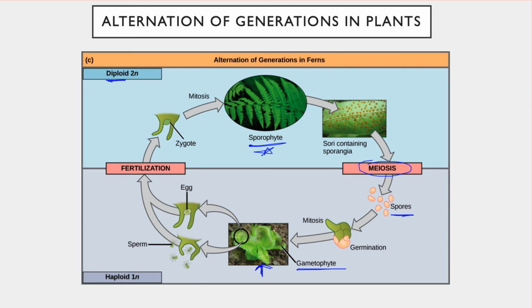There's some specialized cells within this little structure, this little organism, that are considered the sperm and the egg. And the sperm and egg will fertilize, create a zygote, and that zygote grows into what we consider the adult version of the fern, or the sporophyte generation. Without meiosis, we would not have that alternation of generations. So very important for the life cycle of the fern.